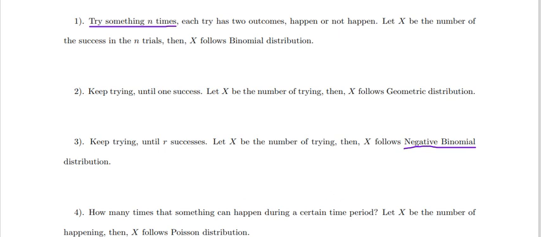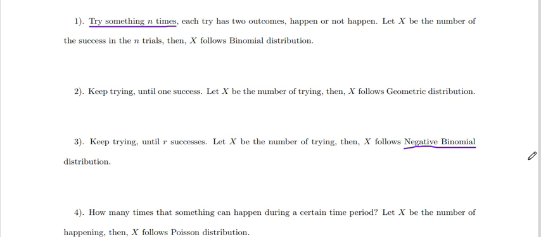The other one is the Poisson distribution. Those distributions are about how many times something happens during a certain time. For example, I'm sitting in my office, and I want to know how many people will stop by my office in 1 hour.